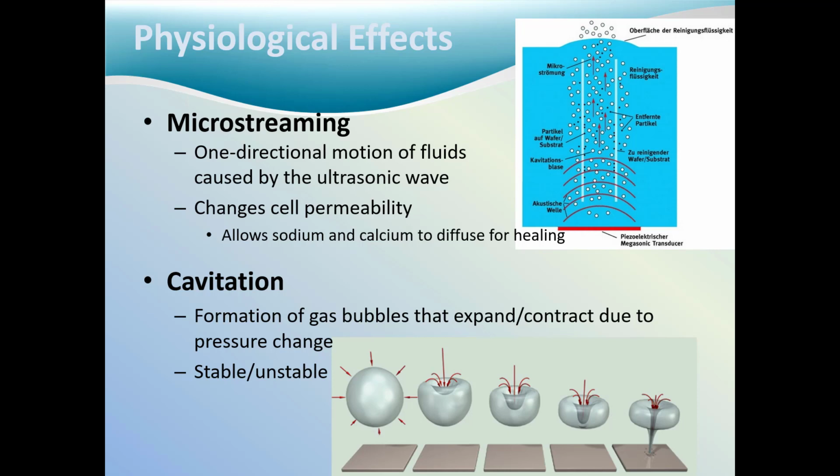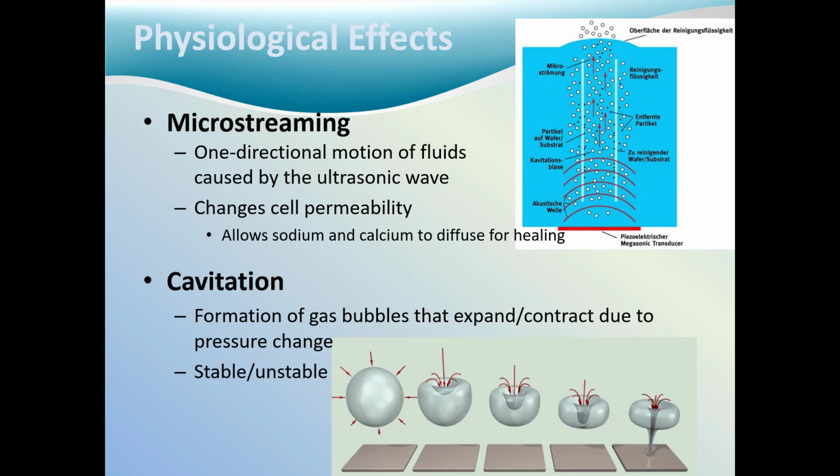Cavitation occurs as the result of pressure changes created by the ultrasonic wave that deforms microscopic tissues. The ultrasonic peaks and troughs become accumulation of gas and the formation of microscopic bubbles. These bubbles then pulsate in the ultrasonic field.